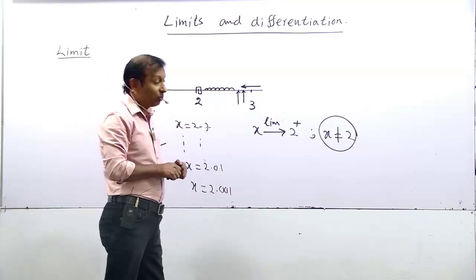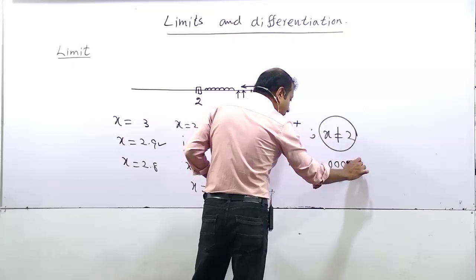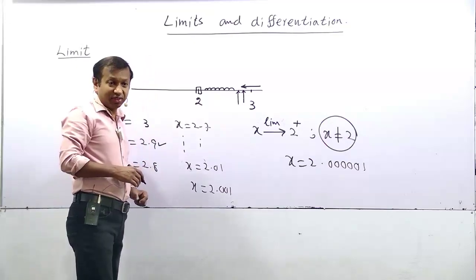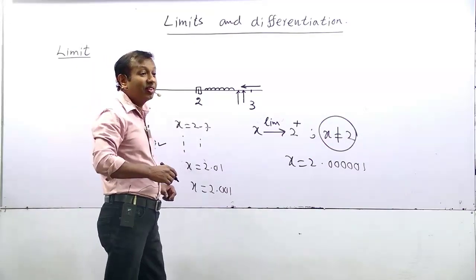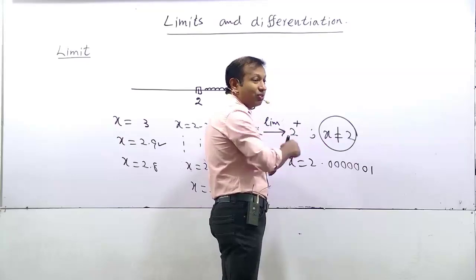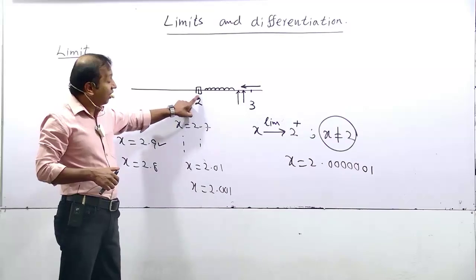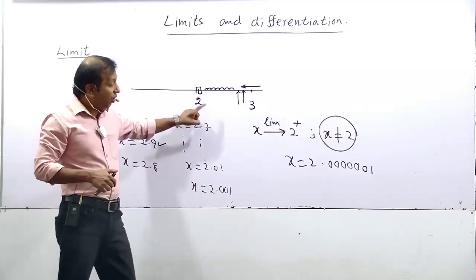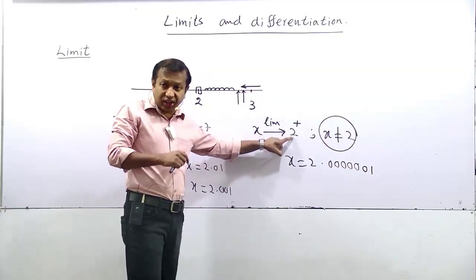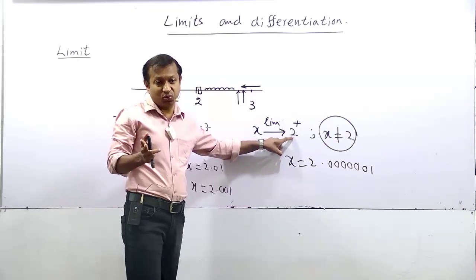Suppose x equals 2.0000001 is your number nearest to 2 on its right hand side. I'm going to say another nearer number than this. How? I can put another 0 and 1 here. That is nearer to this 2. So x takes those numbers and x never takes that 2. Therefore, remember this limit means x going to 2 as much as possible, but x never takes 2.